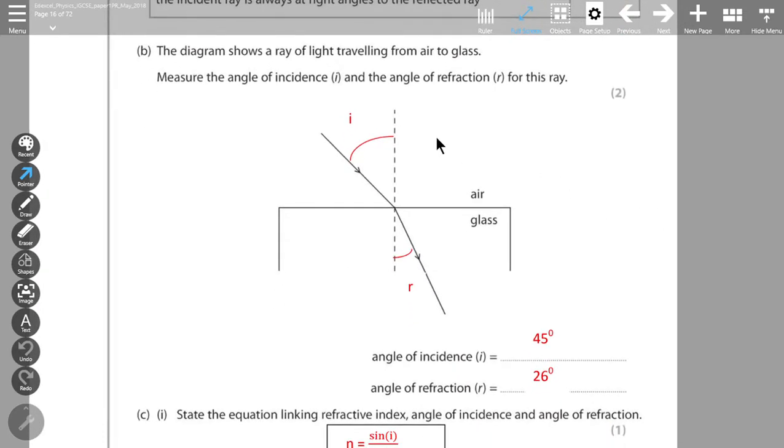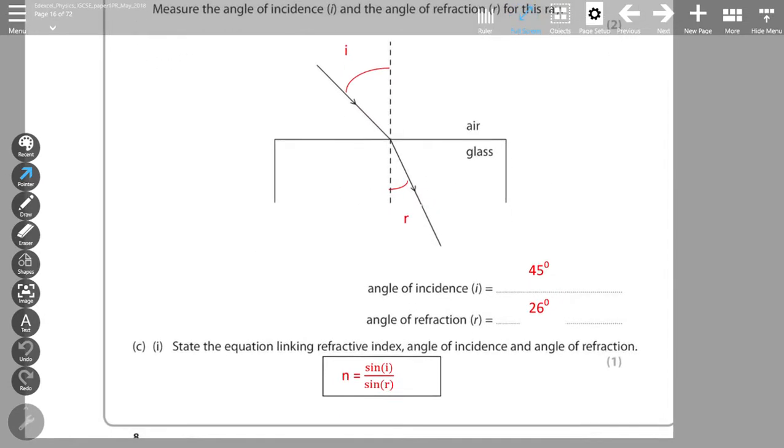Question B. The diagram shows a ray of light traveling from air to glass. Measure the angle of incidence and angle of refraction for the ray. So here I already marked the angle of incidence between ray and normal, and the angle of refraction between ray and normal.